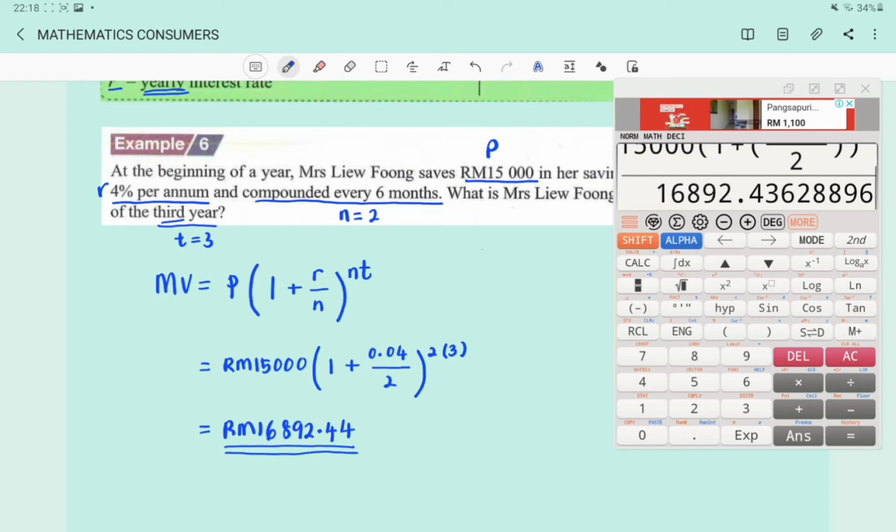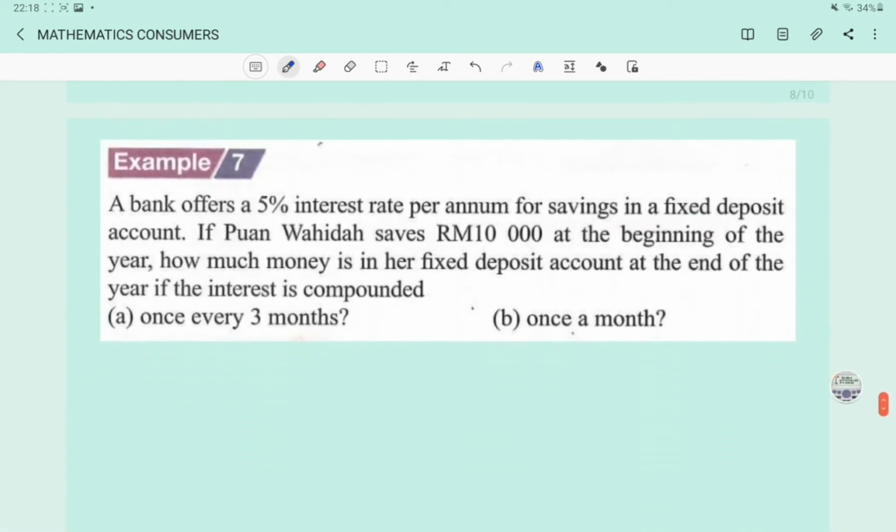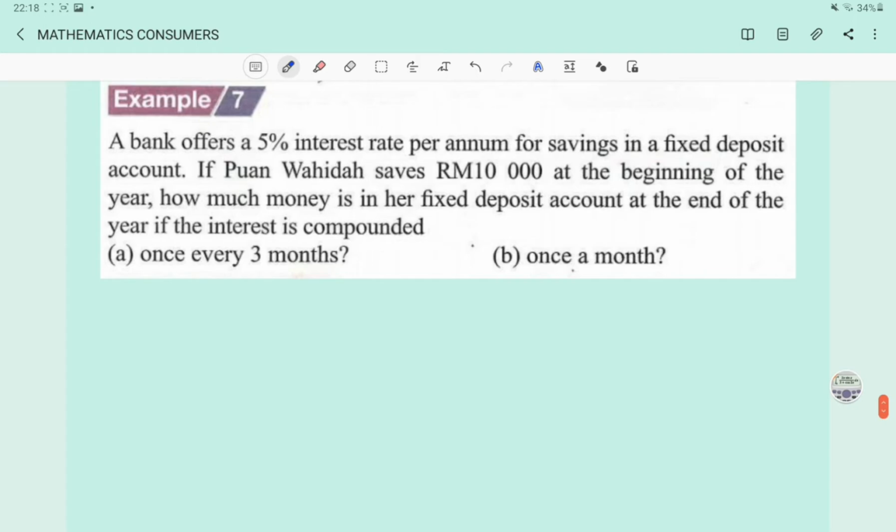Now look at another example. In example 7, a bank offers a 5% interest rate per annum, this is R, for savings in fixed deposit accounts.